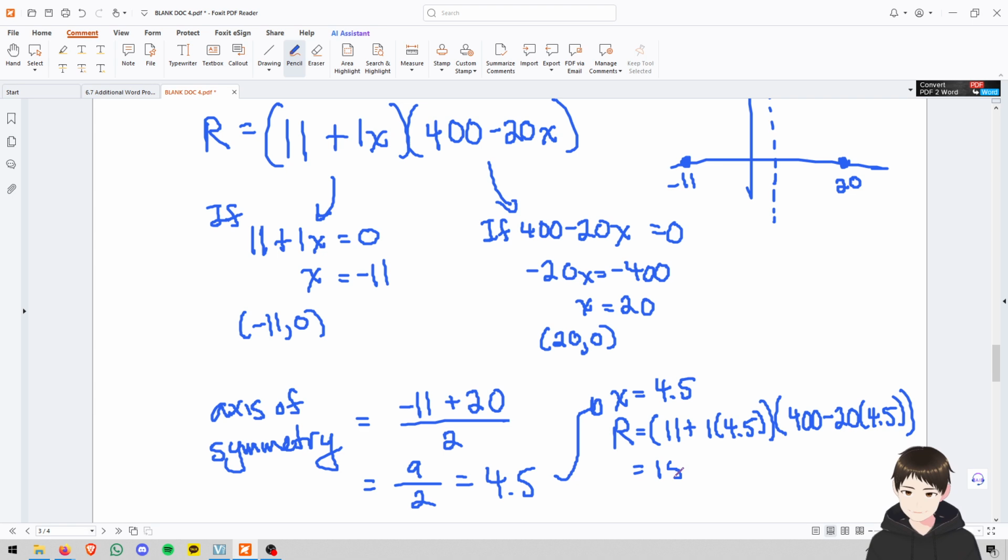This is 15.5, and this is 40, 80, 90. 400 minus 90, 310. Excuse me while I plug this into the calculator. 4805. My maximum revenue is $4,805.